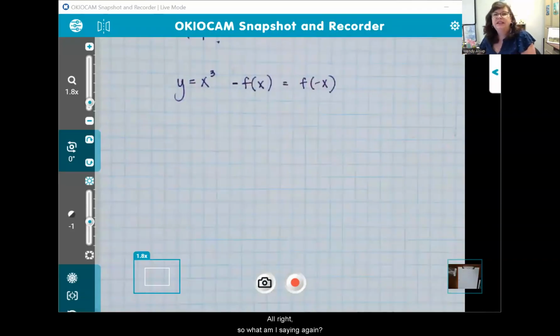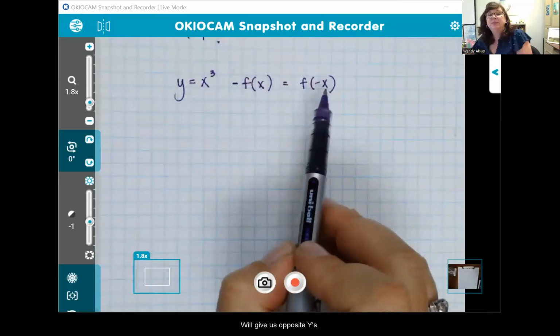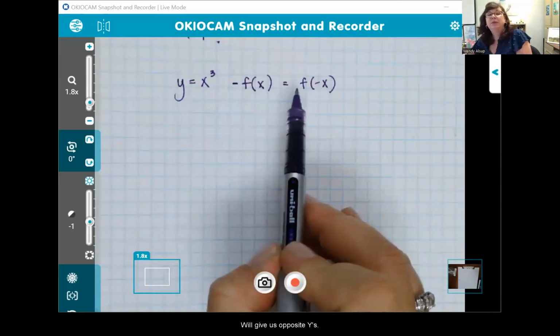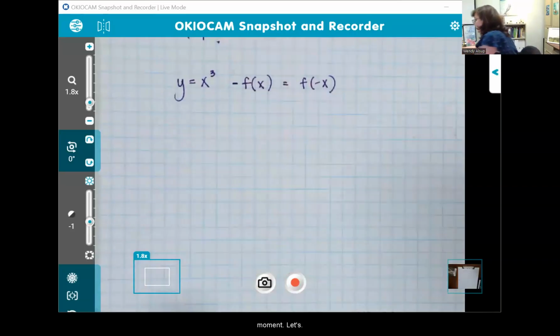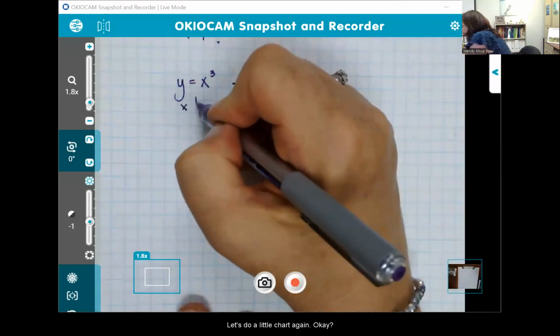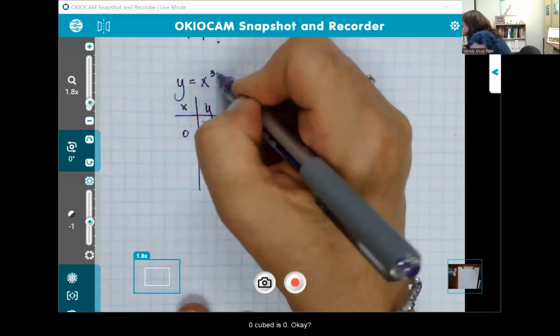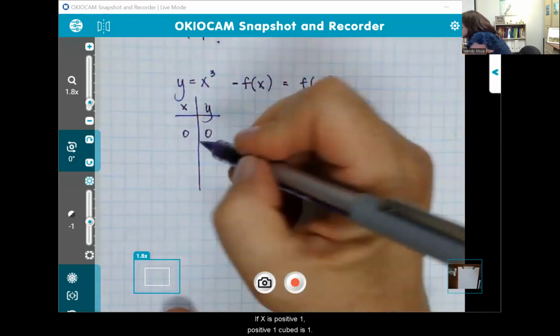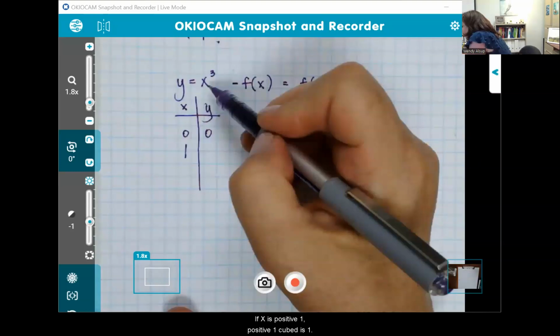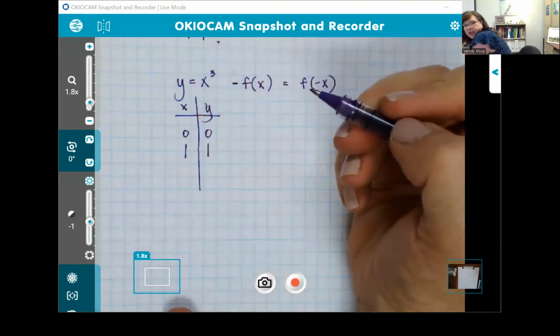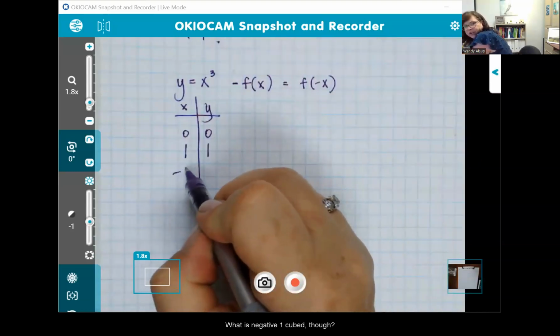What am I saying again? I'm saying that opposite x's will give us opposite y's. Let's think about that for a moment. Let's do a little chart again. If x is 0, 0 cubed is 0. If x is positive 1, 1 cubed is 1. What is negative 1 cubed, though?